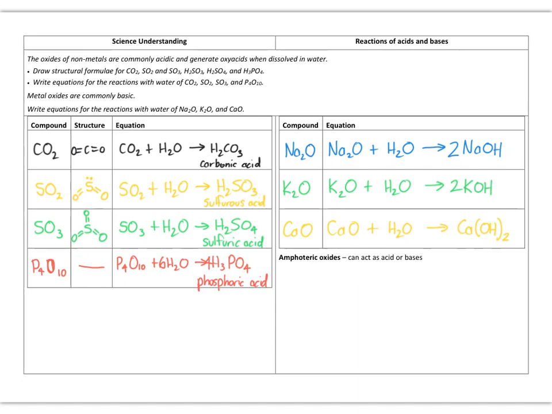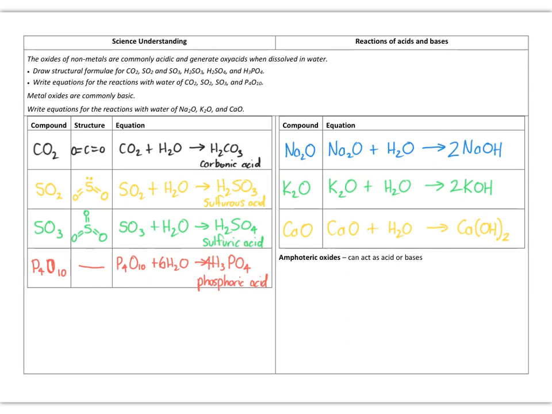I will also point out here, just as we can get amphiprotic substances that can act as either an acid or a base, we can also get amphoteric oxides. These can either act as an acid and a base also.